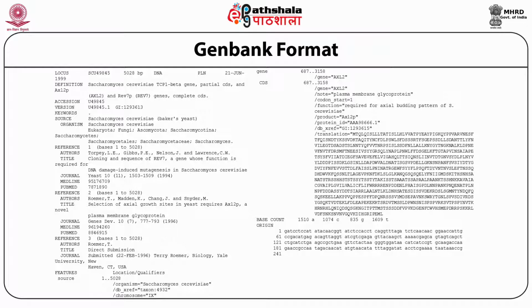Then again you can find the information about the citation, like in which journal it is published, and when, like you can see here, it is published in 1994, and the authors' names are also there. Then Medline and the PubMed information. Then you can see the information about the protein sequences as well as the DNA sequences, with the DNA sequence given at the bottom and the protein sequence at the top.